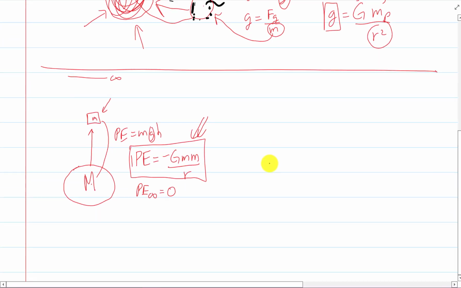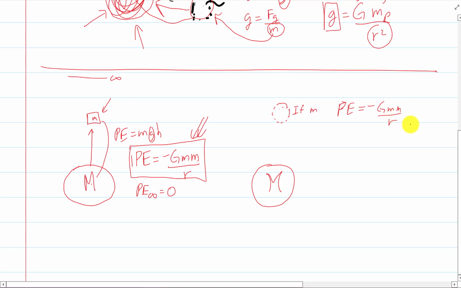We have a mass of the planet, and I have this little area here. And if I put a mass m in here, then there will be a potential energy. That object will have potential energy. How much potential energy? Negative GMm over r.